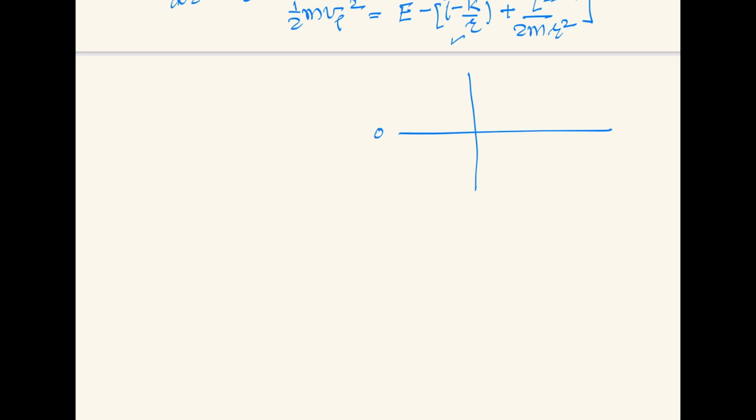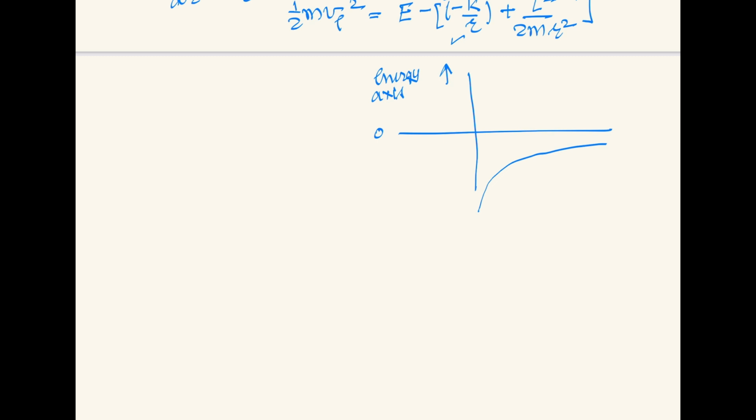This is the zero energy, and this is the energy axis. So it comes from minus infinity and goes to 0, because as r goes to infinity, this term goes to 0. But it goes to 0 somewhat slowly because there is only 1 by r.